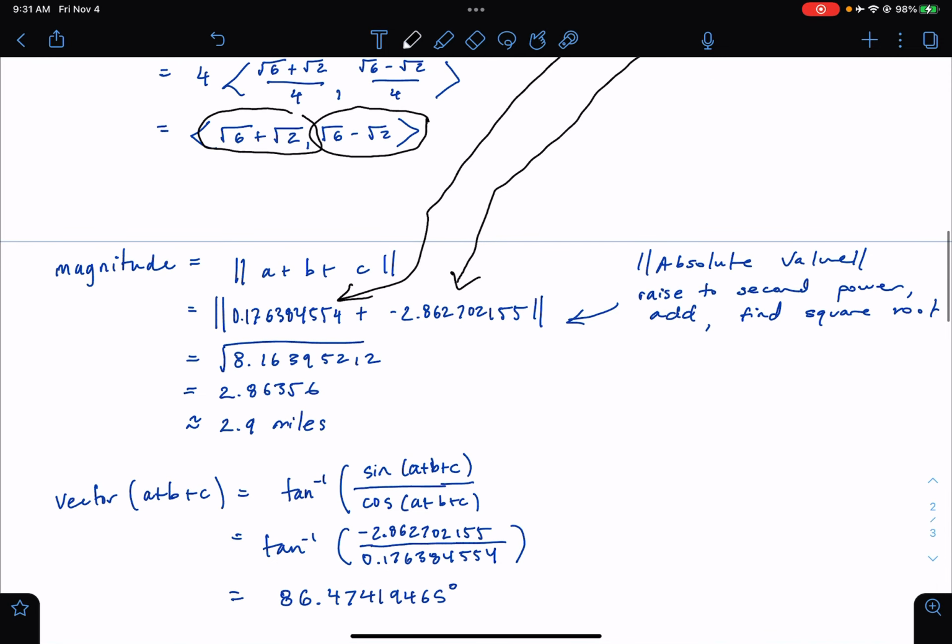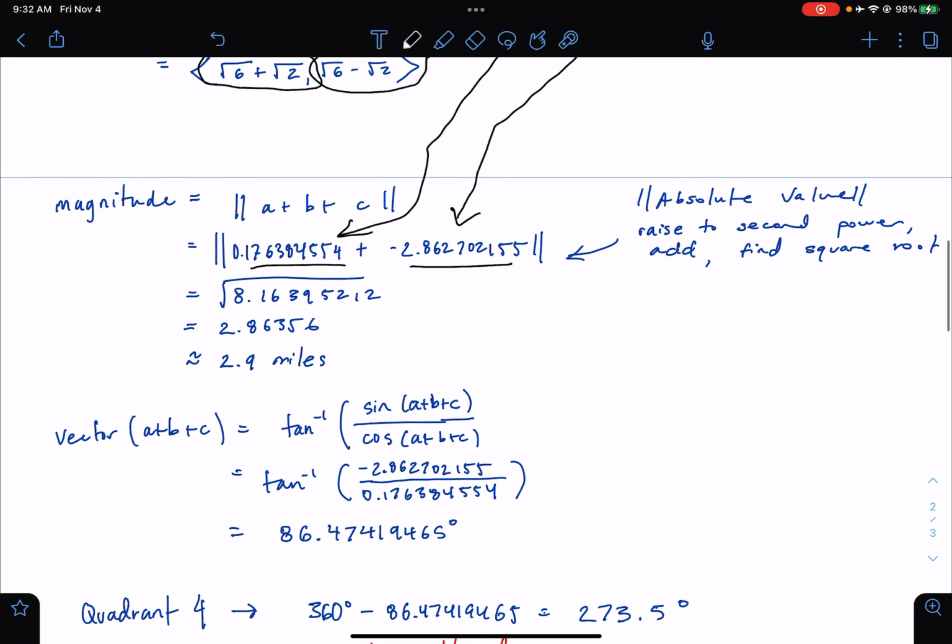And to find the magnitude of this new vector that I'm trying to find, I just found the absolute value. So I did that by squaring each of these values and adding them.